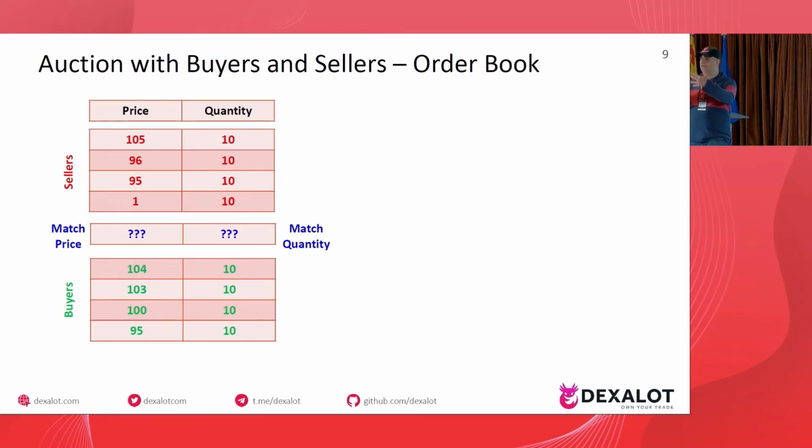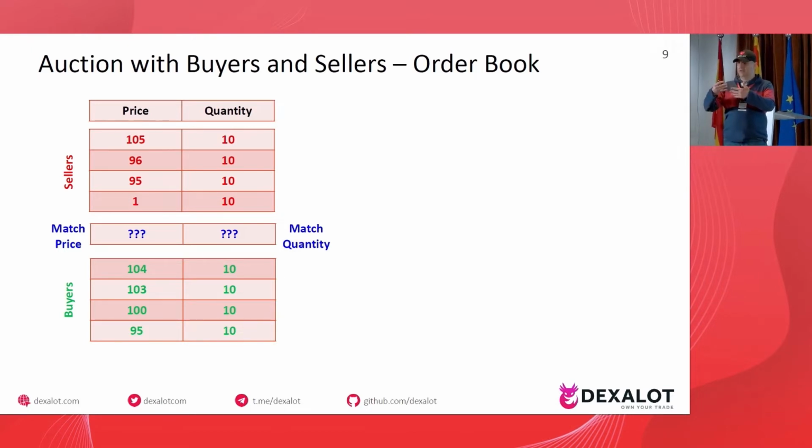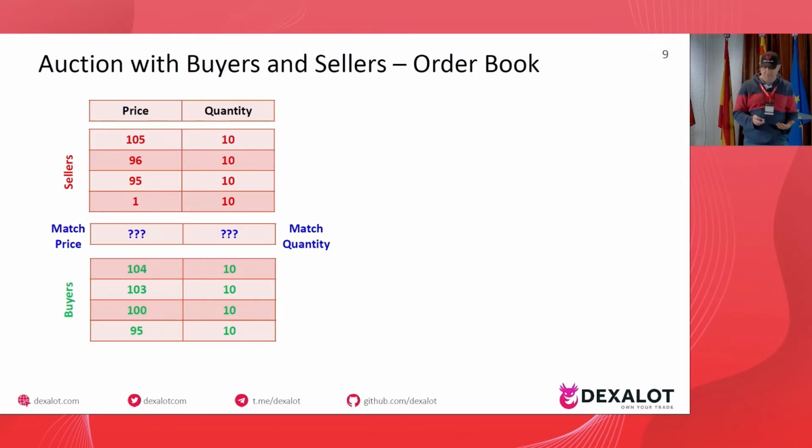So it's a crossed order book at this point. Buyers enter their buy orders, sellers enter their sell orders, and you create a non-matching crossed order book that will eventually match and allow the assets to be exchanged, hopefully at a fair price.